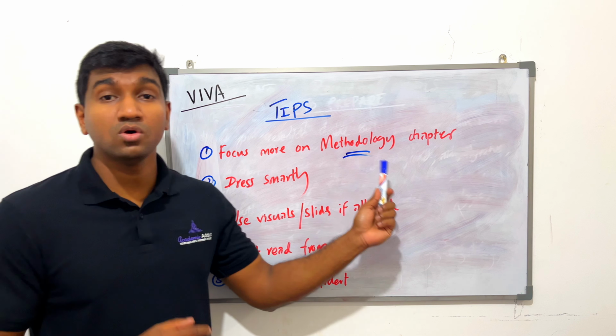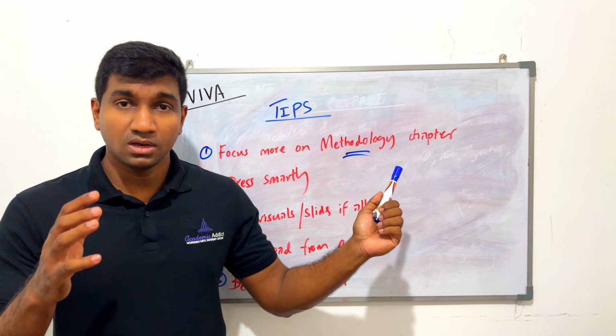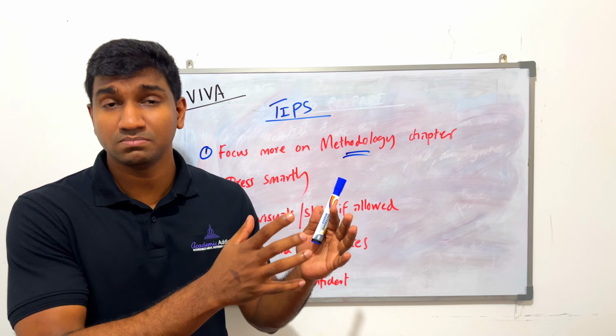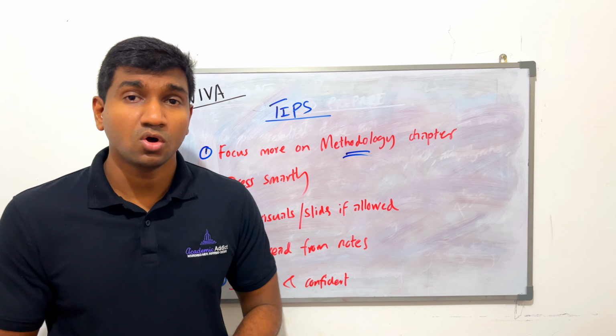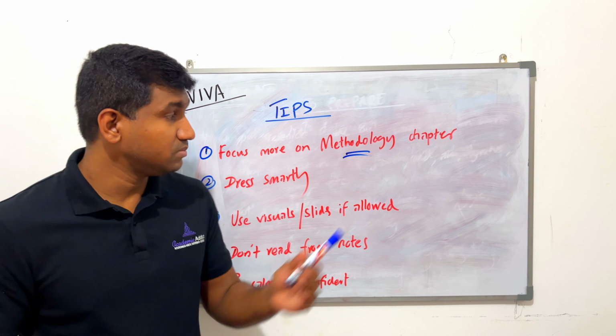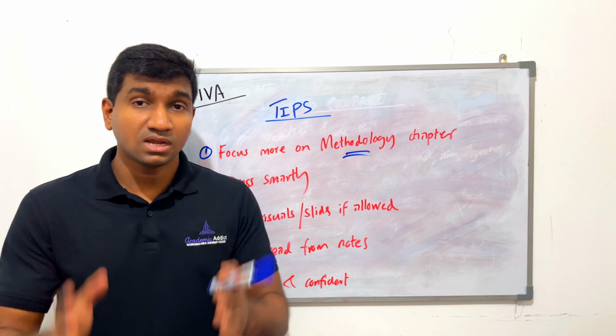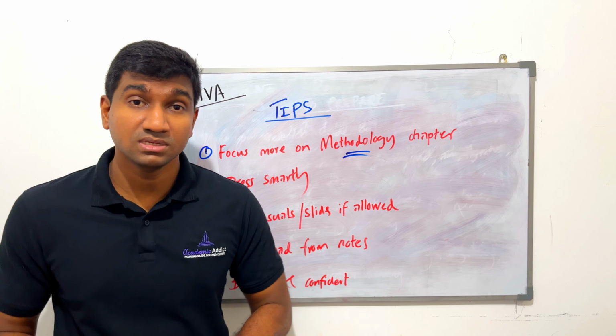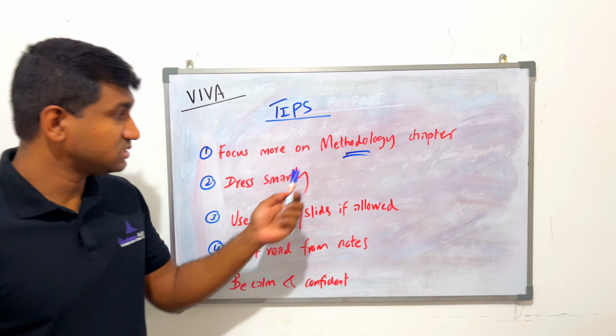Focus more on the methodological choices and options that you made, and the differences and meaning of those options. The idea is to study the methodology section more, as this chapter is very critical in terms of Viva. That's the very first tip that I can give you.